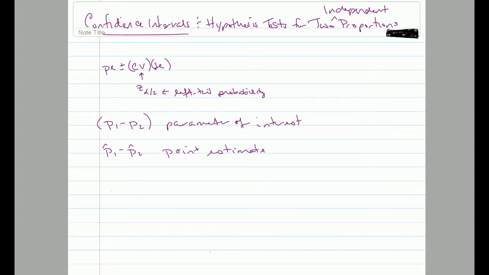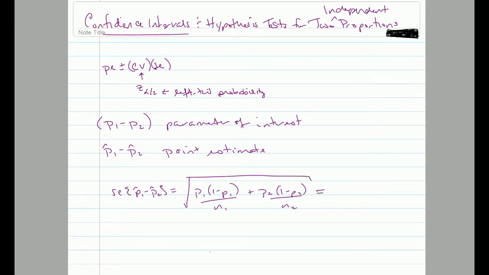And finally, we need an SE. The standard error of P1 hat minus P2 hat would theoretically be the square root of P1, 1 minus P1 over N1 plus P2, 1 minus P2 over N2. And that would be if we knew those true proportions. So if P1 and P2 were actually known.